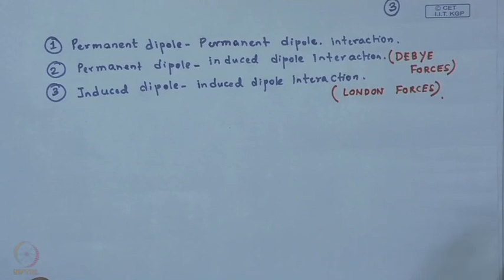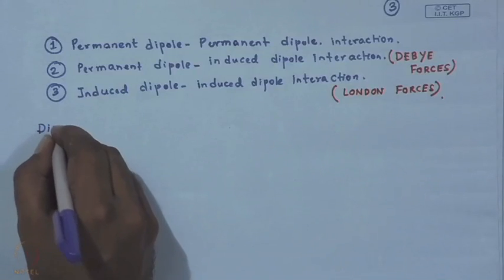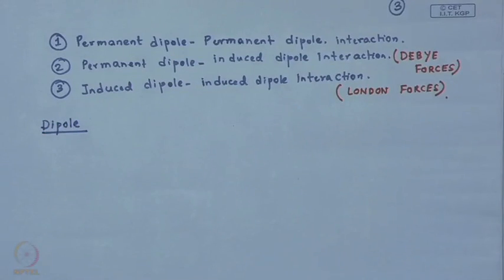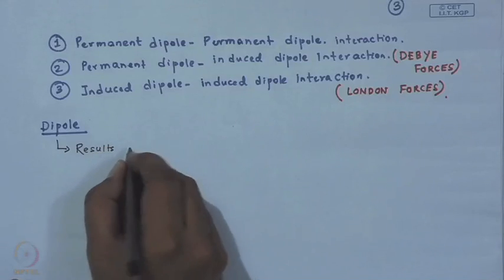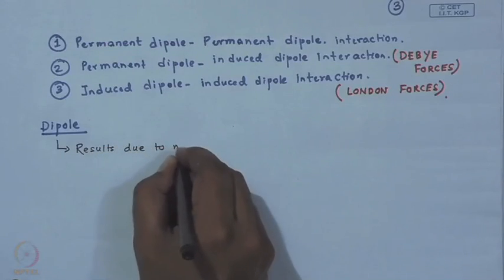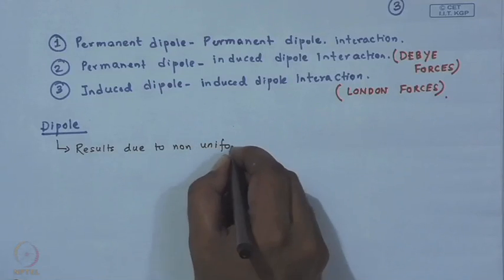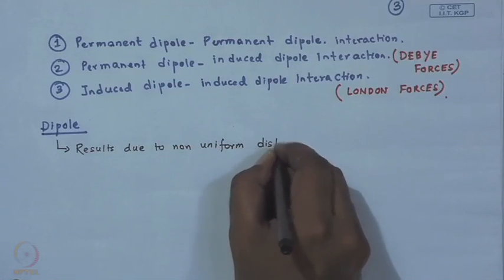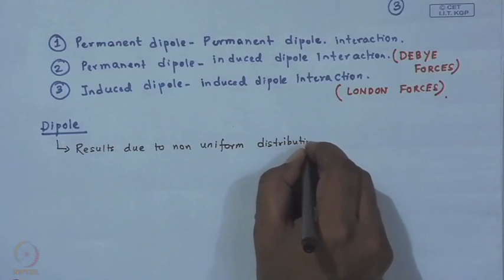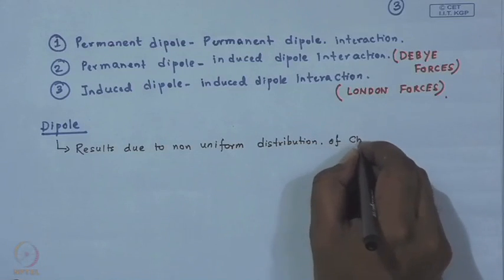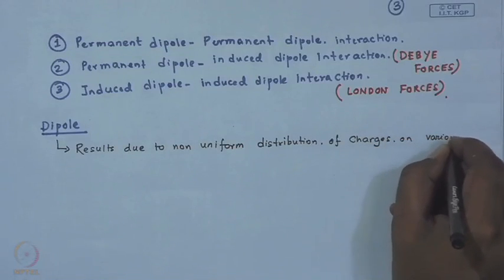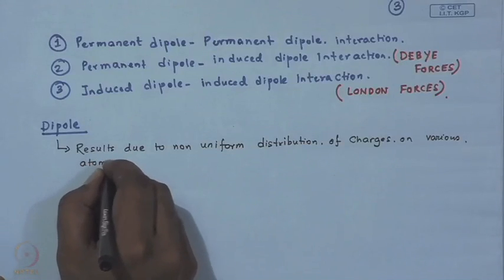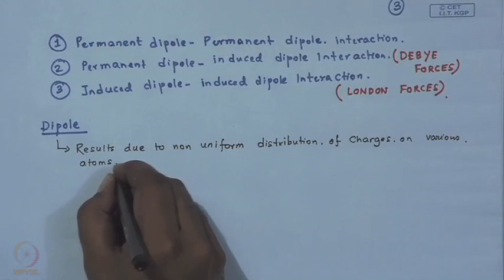I guess all of you understand what is dipole. It results due to non-uniform distribution of charges on various atoms in a molecule.